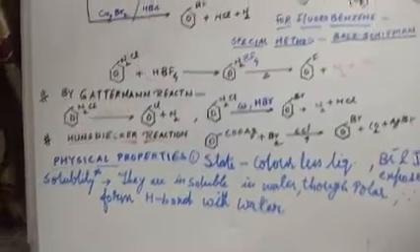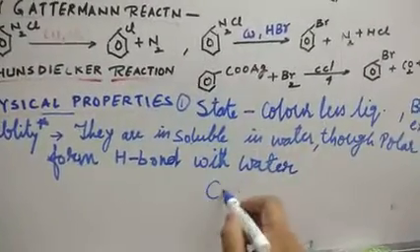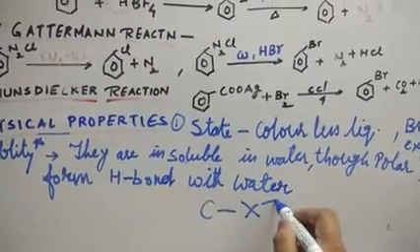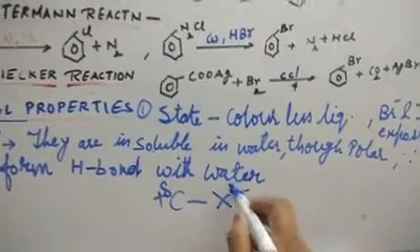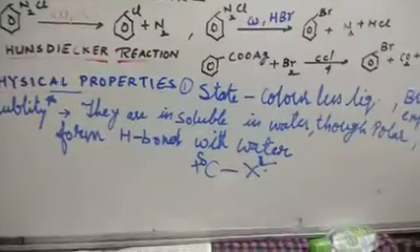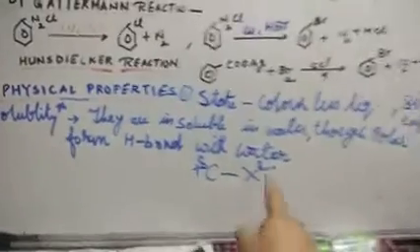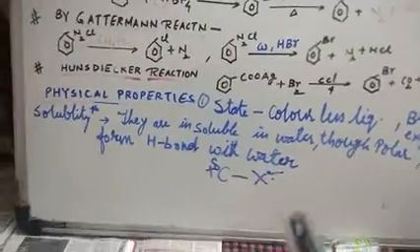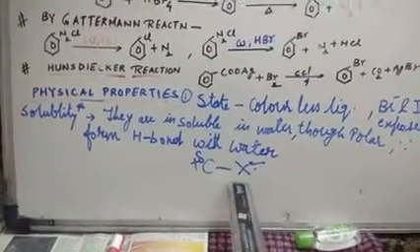Why are they polar? Because of the presence of the C-X bond, where X is negative and this carbon is slightly positive. That means due to the presence of charges they are polar, and if they are polar, they should be soluble in water, but they are not.